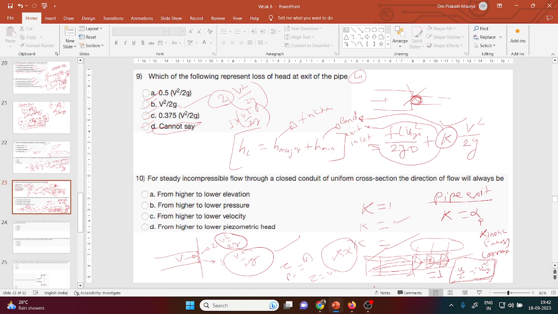Yes, yes. If you are looking at any design, what we are doing is taking a factor of safety. Why? Because we have taken lots of assumptions in the design before the mathematics.